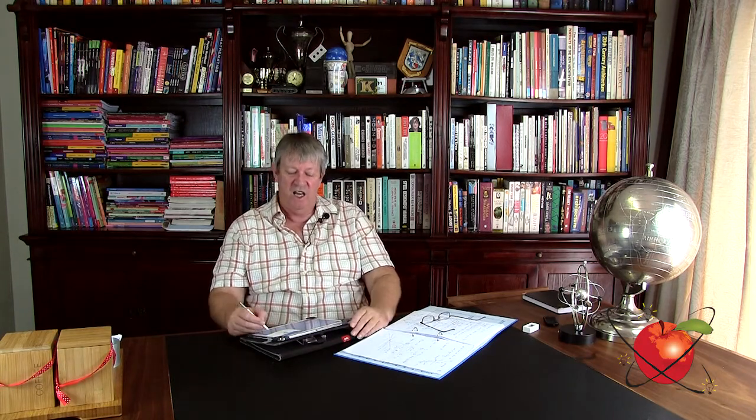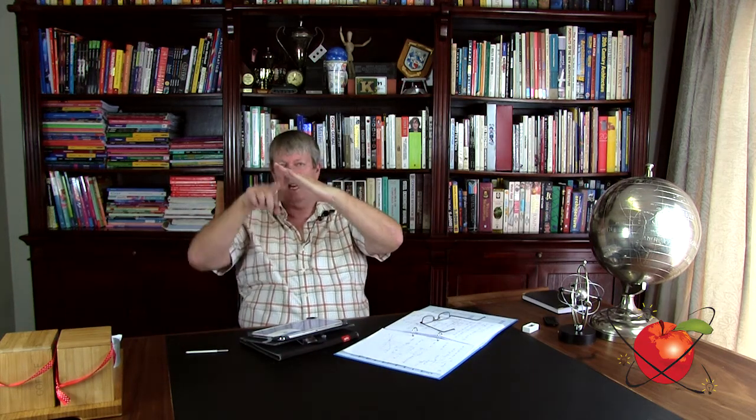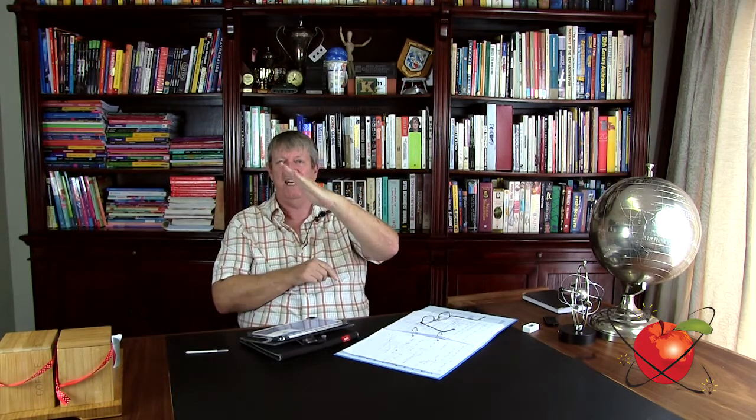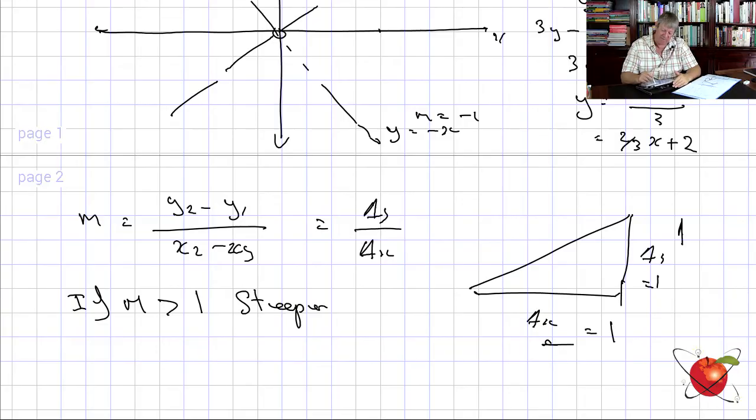For those of you who do geography again, rise over run. So y equals x is going to have a delta x of 1 over a delta y of 1, right? So that's my 1 to 1, so 1 along, 1 up, right? That's quite steep. Now if the y gets bigger, it means that my line gets steeper.